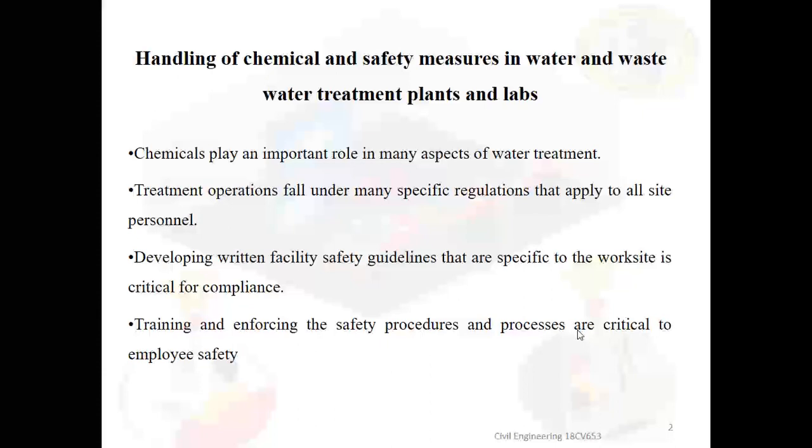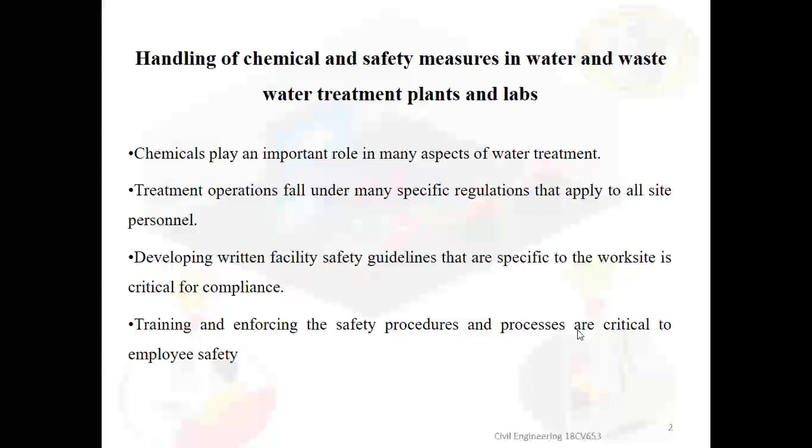Developing written facility safety guidelines that are specific to the work site is critical for compliance. Training and enforcing the safety procedures and processes are critical to employee safety. So in this session we'll handle how to handle the safety measures in wastewater treatment plants and labs.